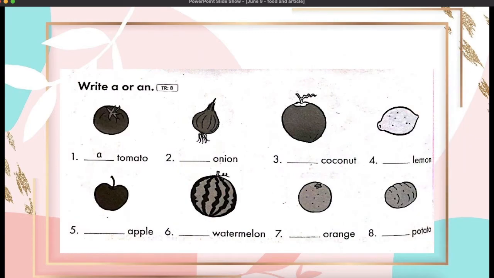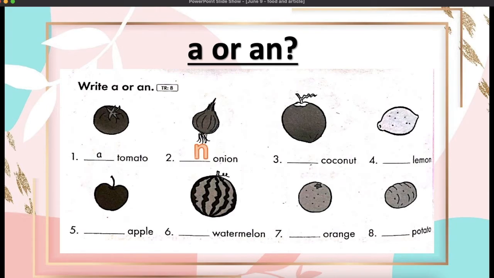Now, for our second activity, you have to tell me whether it's a or an. Number one is the example. Number one, a tomato. Number two, there you go. It's an onion. Number three, coconut. A coconut.